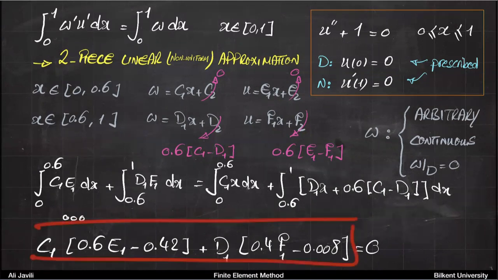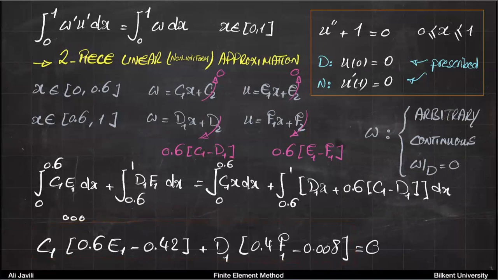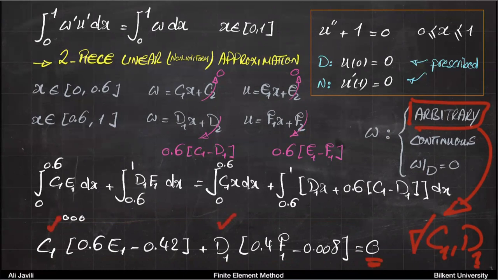This looks like one equation, and then we want to calculate different unknowns from it. But it's not exactly that. It is one equation, but because W is arbitrary, this holds for every C1 and D1. And now if you look at it, because it is nicely sorted, you can see if something is equal to 0 and it holds for every C1 and D1, that means each of these terms must be 0. And this is exactly your two equations that you want.